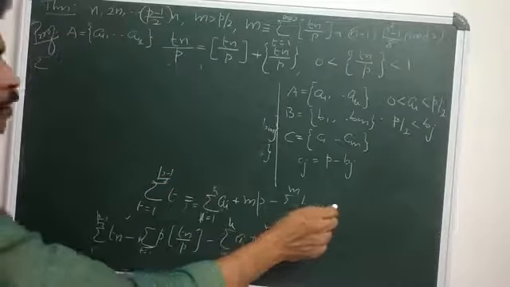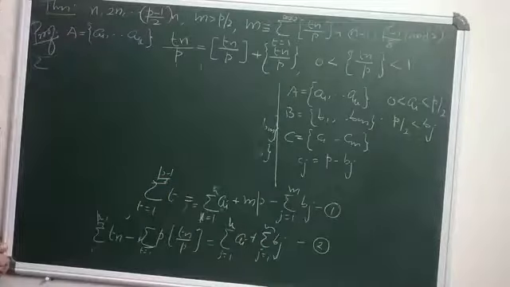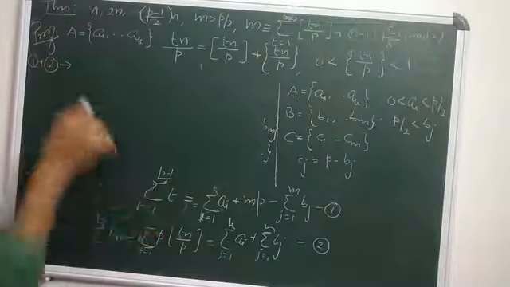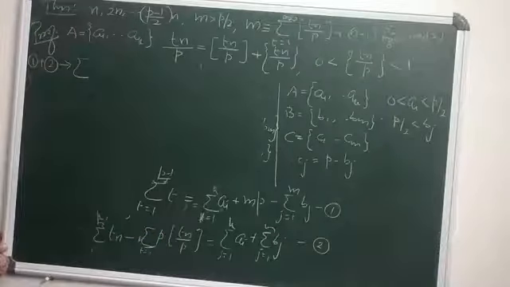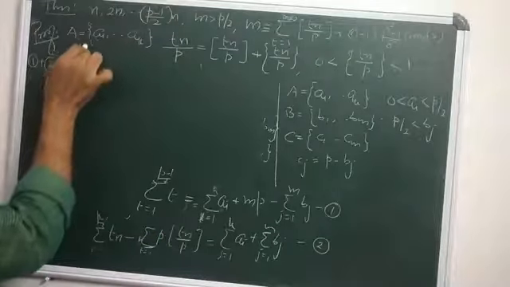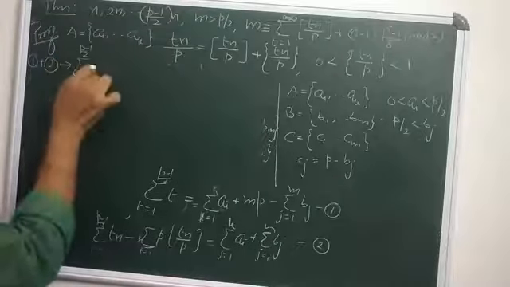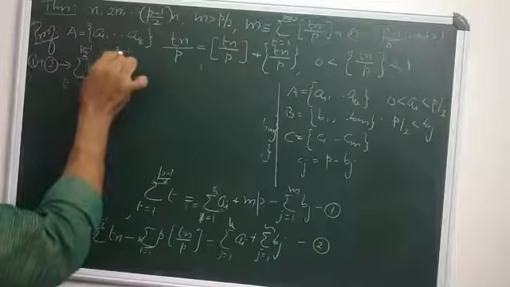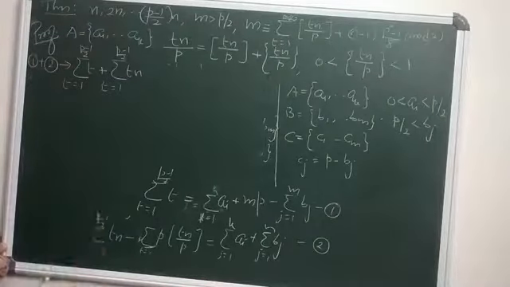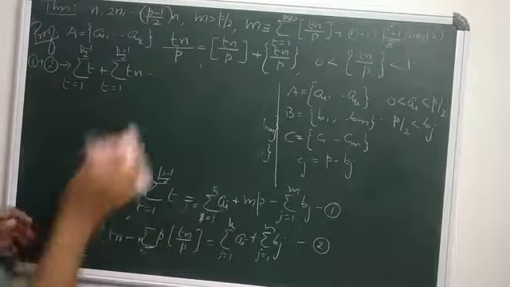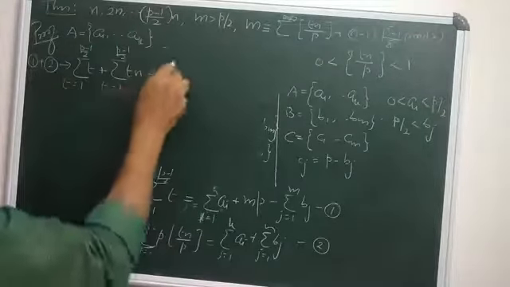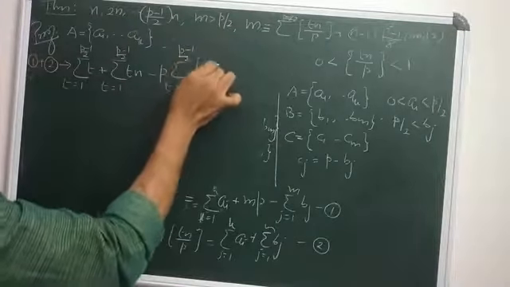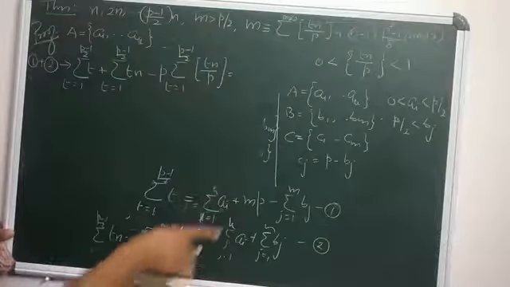Add this one means this is equation 1 and this is equation 2. 1 plus 2 gives, on the left side, sigma T ranges from 1 to (P minus 1) by 2 of T plus sigma T ranges from 1 to (P minus 1) by 2 of Tn minus P into sigma T ranges from 1 to (P minus 1) by 2 of the integer part of Tn by P, equals, what do you get?